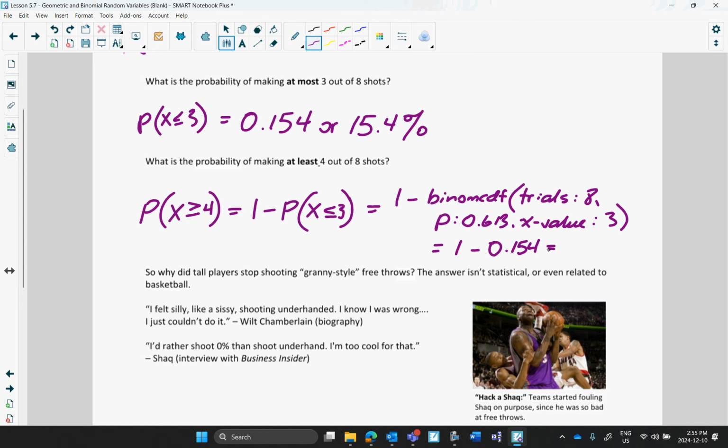So 1 minus 0.154. Which makes sense, because if there's a 15.4% chance that he makes it in 3 or less, that means 1 minus that probability must be 4 or greater.